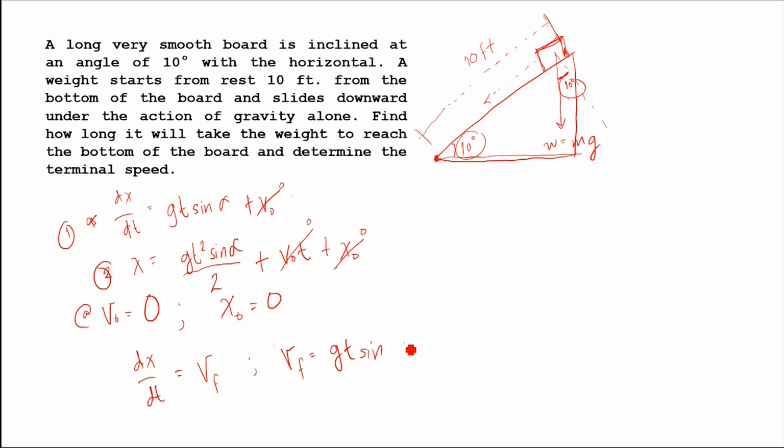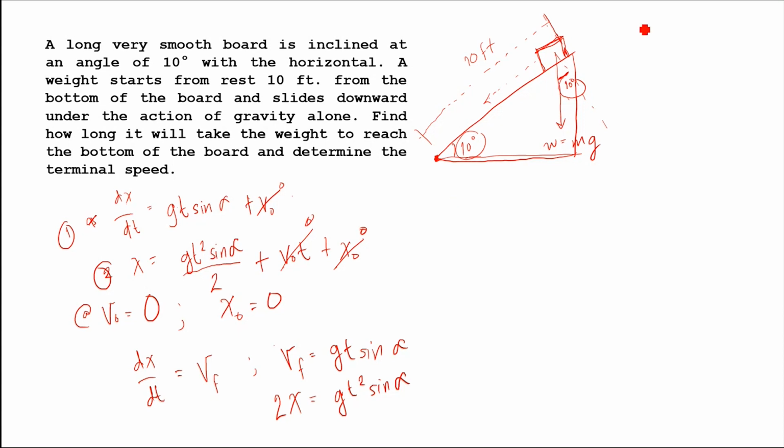And then yung x is, cancel natin yung 0. Cancel din yung 0 na yan, kasi ang initial velocity ay 0, ang initial displacement ay 0. This is now gt squared sine theta over 2. And then ito yung 2, ilipat na natin sa kabila. This is now 2x equals gt squared sine theta.